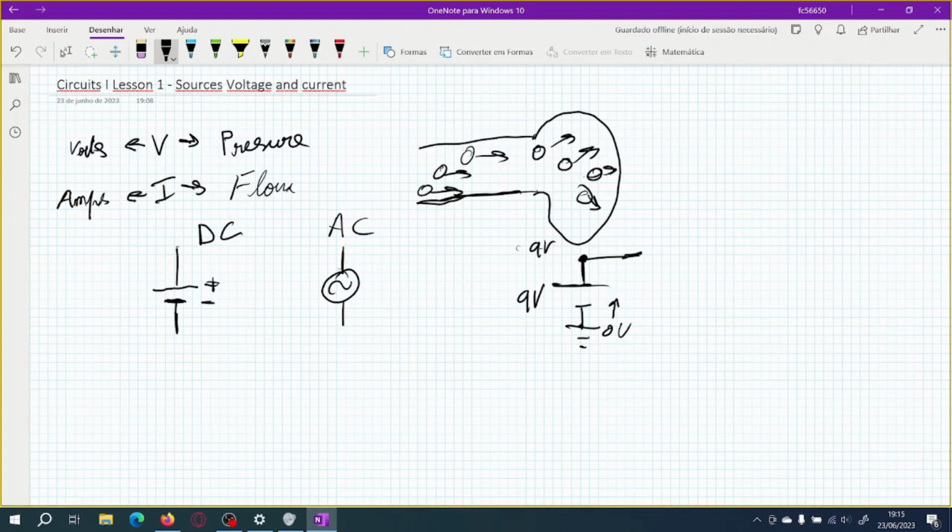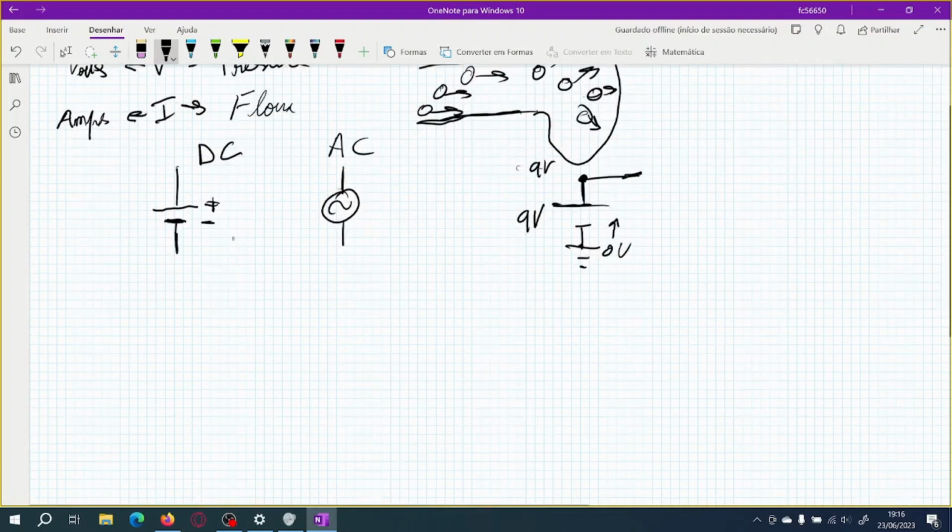The current source, on the other hand, works almost the same, but for current. So we represent the current source like this. For an alternating current source, which is not so common, we can use an arrow to one side and another for the other side, but I will just keep it simple with one arrow.